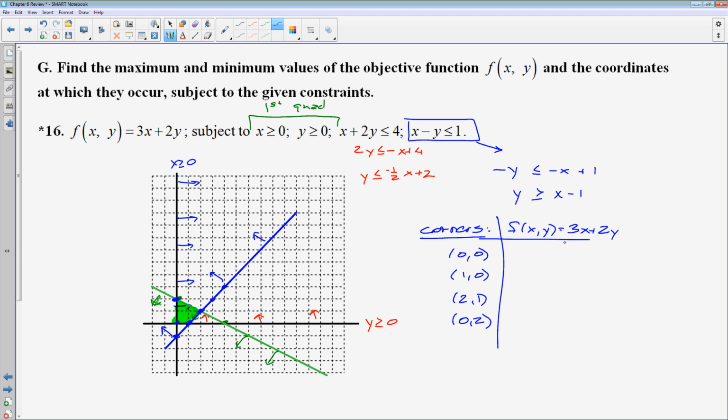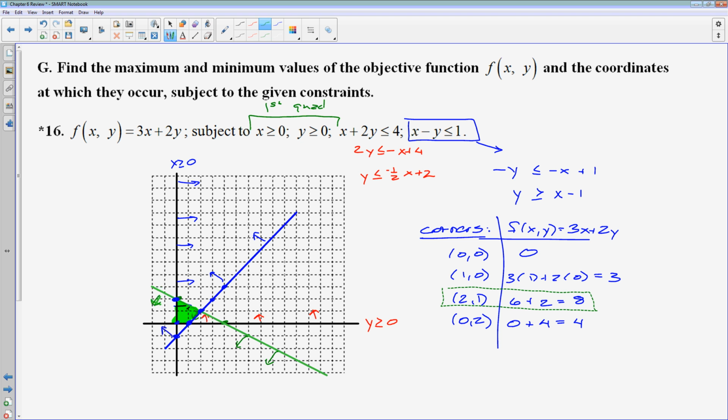Then I'll plug in: 3 times 0 plus 2 times 0 is 0. 3 times 1 plus 2 times 0 is 3. 3 times 2 is 6, plus 2 times 1 is 8. And then 3 times 0 plus 2 times 2 is 4. Then I want the maximum and minimum. So my maximum occurs right here.